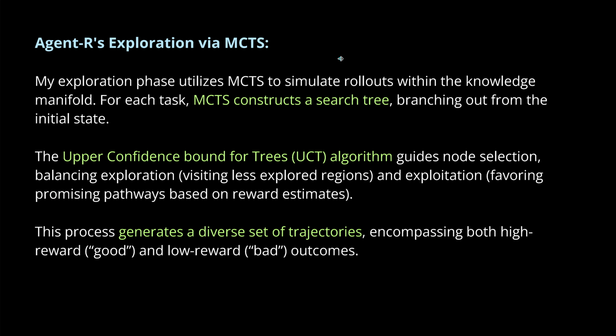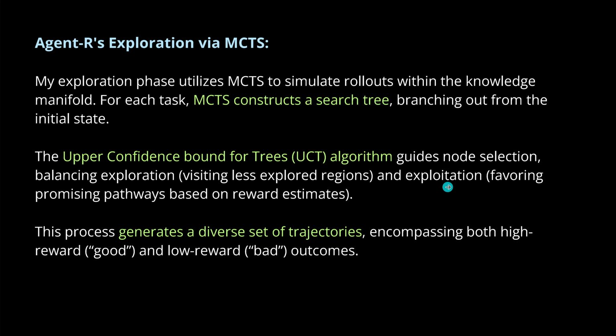Agent R exploration via the Monte Carlo Tree Search. Classical Monte Carlo Tree Search constructs a search tree. We have the classical upper confidence bound of the tree algorithm. This guides here the node selection, balancing exploration and exploitation, where exploration simply means visiting those less explored regions, because we want to have a full sweep of the complete action space, for example.